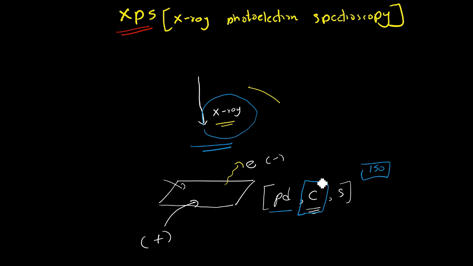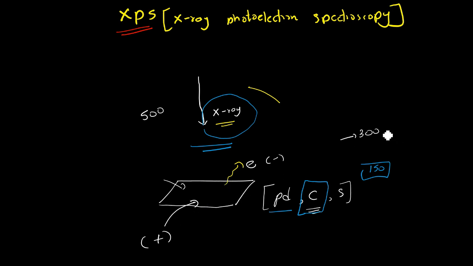As an example, in this carbon case, let's say 300 units are the binding energy. Our X-ray source has 500 units of energy. So our electron must spend 300 units of energy to overcome the binding energy. Now what happens is, if this continuously happens, your surface gets positively charged.